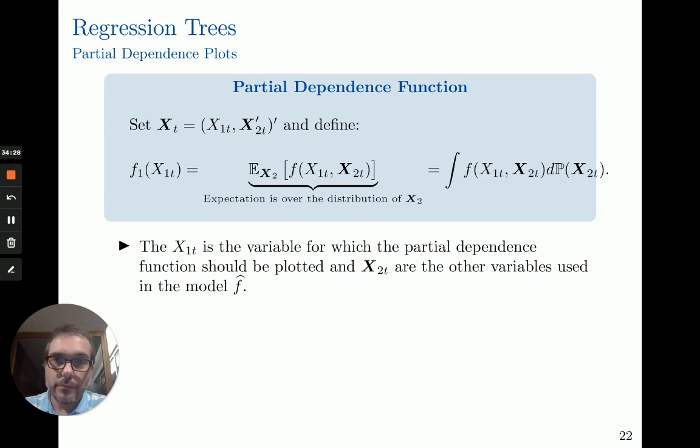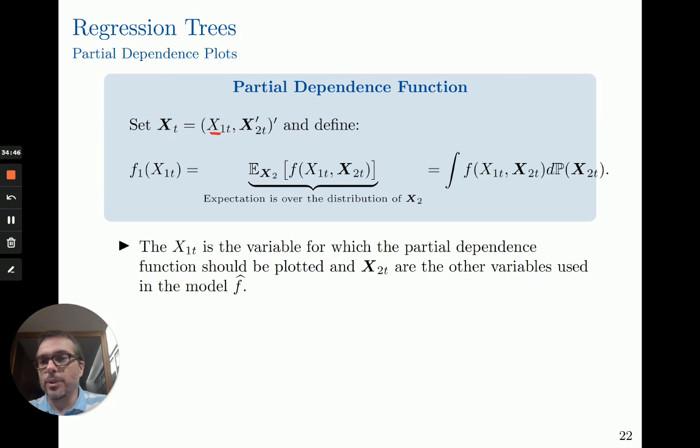We define the partial dependence function. Say we set x1 and x2, and imagine that we want the effects of x1.